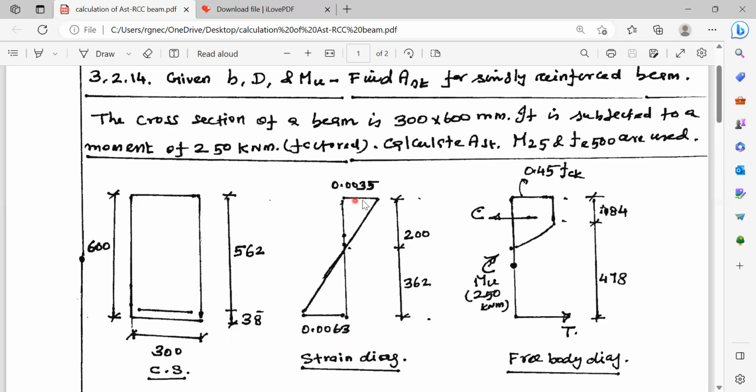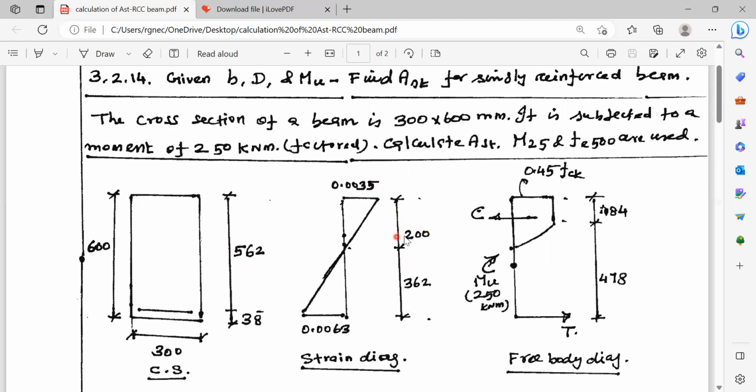Strain in the concrete extreme fiber is 0.0035. This is always constant. Please note, limit state of collapse corresponds to the strain value epsilon_c equal to 0.0035. This distance 200 mm is known. Out of 562 mm, this 200 mm is gone, then this is 362 mm.